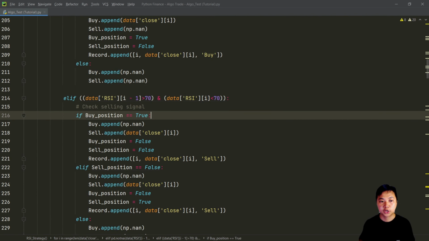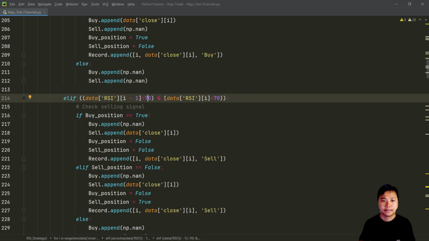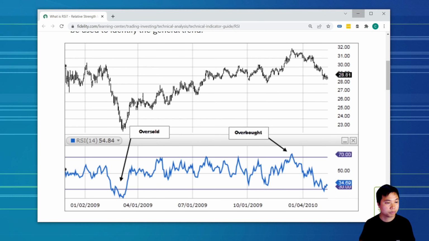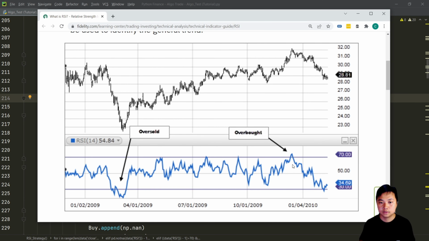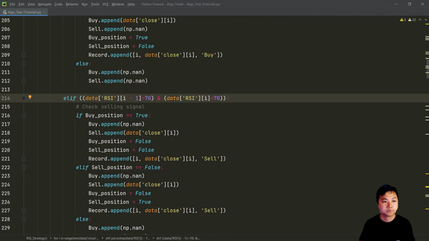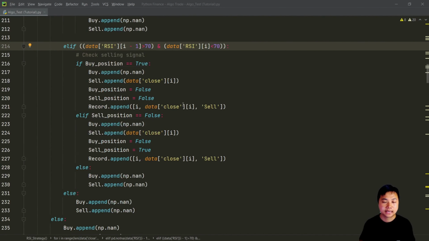This time, we will check whether the RSI in the previous step is higher than 70, and at the current step, whether it is less than 70. In that case, it represents this situation: the value of the RSI is coming from over 70 to below 70. And in this case, this is a selling signal.